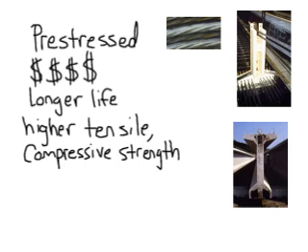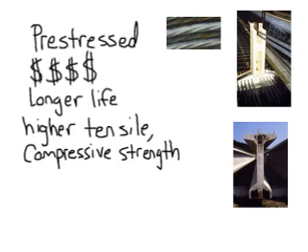Alright, and our final typical building material is what's called pre-stressed concrete. This is similar to reinforced concrete, but there are a couple of advantages. Pretty much what they do is they will take steel rods, but instead of just pouring concrete around them, they pre-stress them.